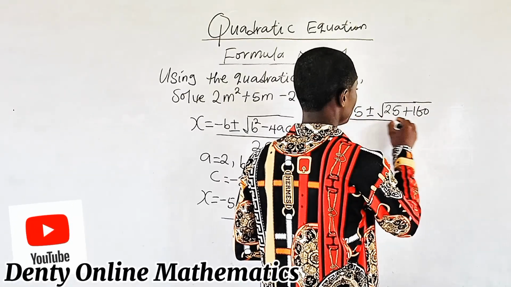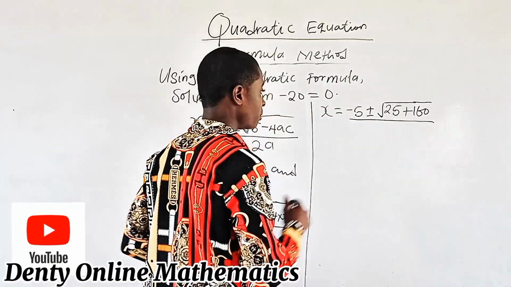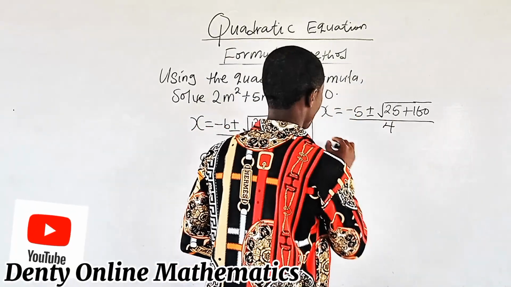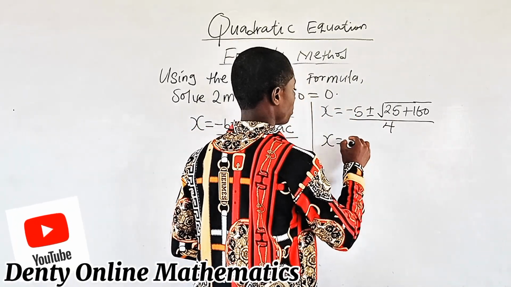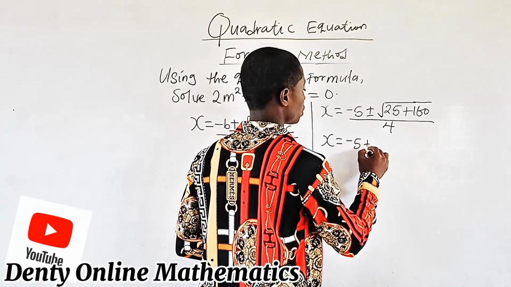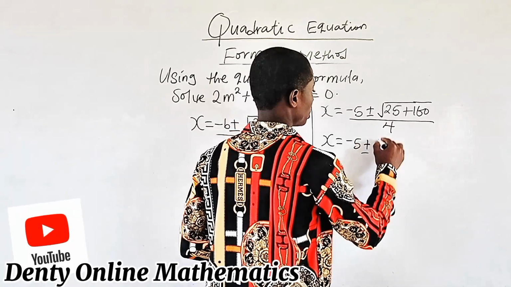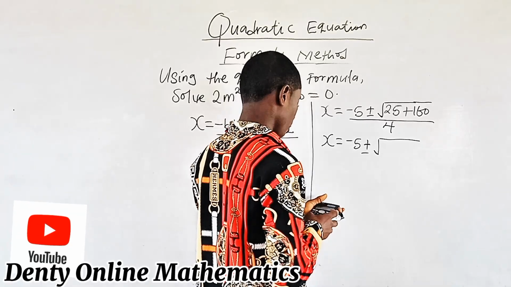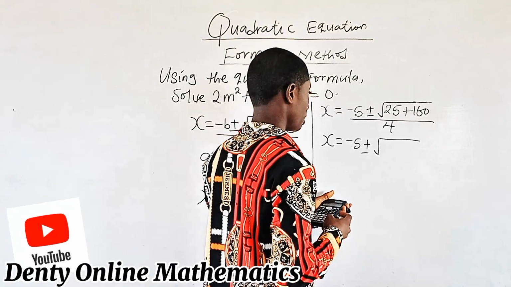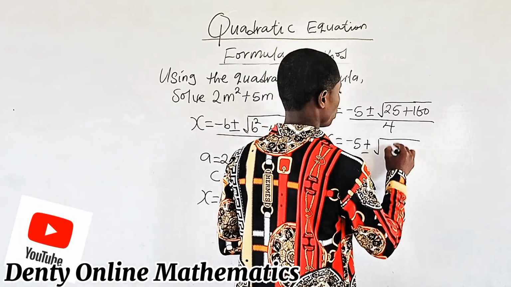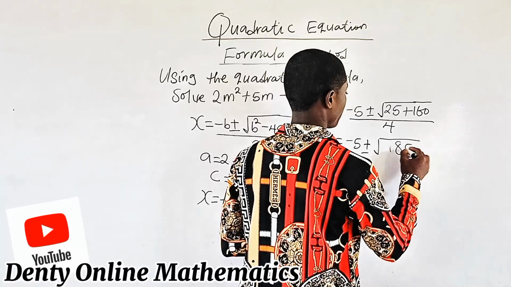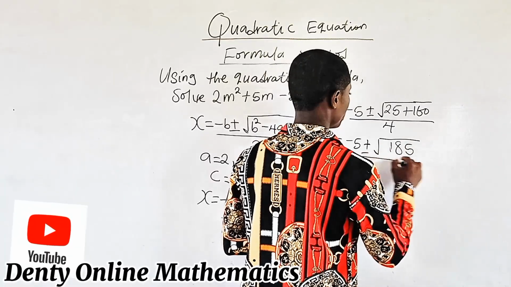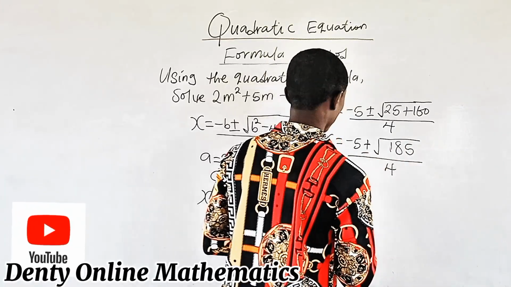All of this is divided by 2 times 2, which is 4. So our x will be equal to minus 5 plus or minus the square root of 25 plus 160, which will give us 185. All of this is divided by 4.